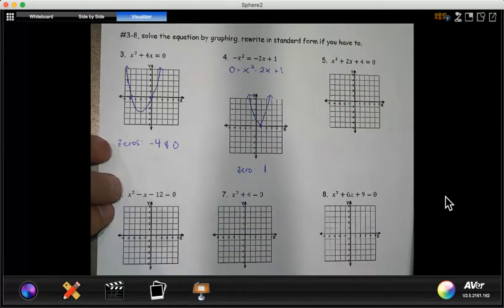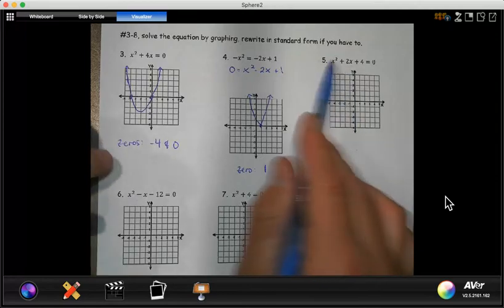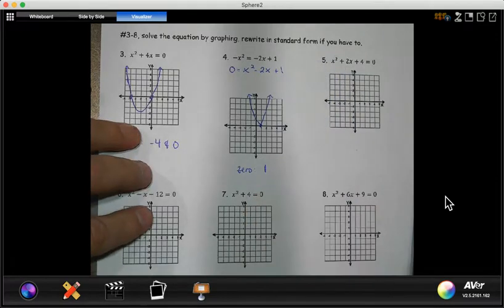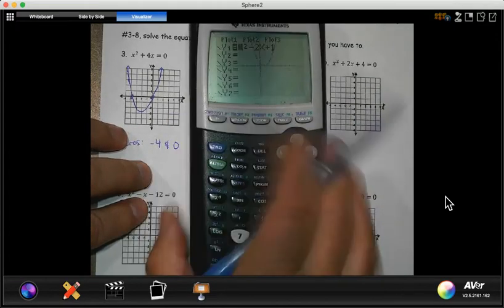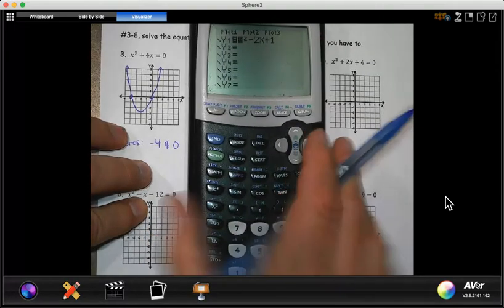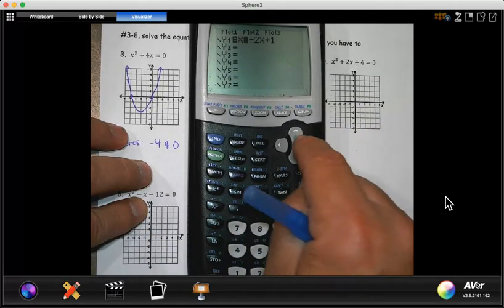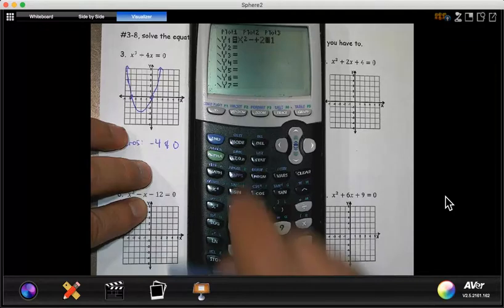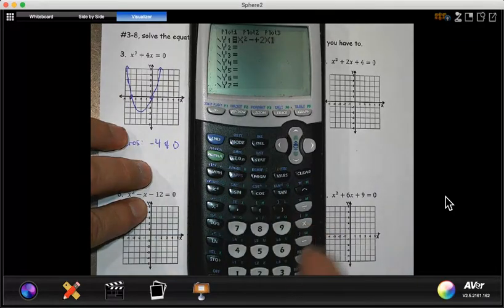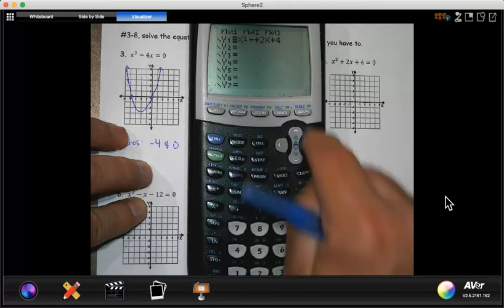These next 3 are already in standard form. If not, you just move things around to get everything on the same side. So we can type that one in. X squared plus 2x plus 4. Oops, I did a minus, then a plus.